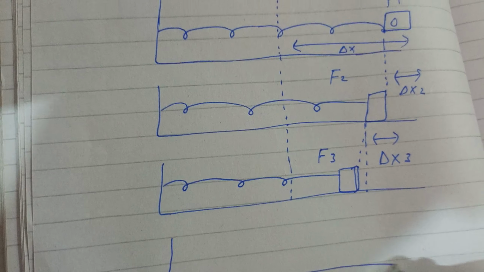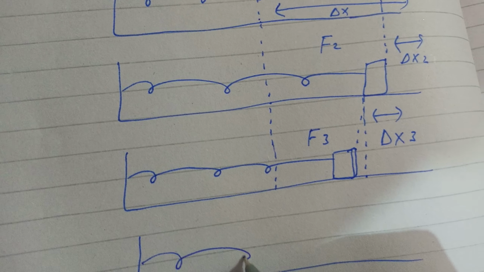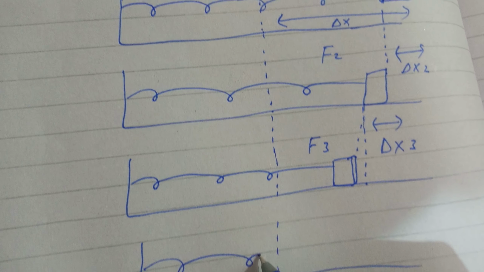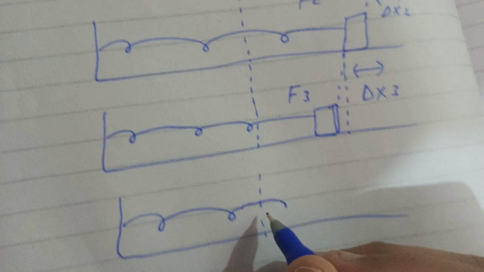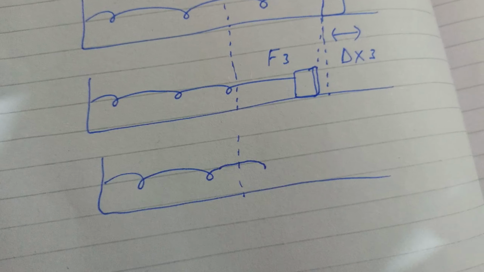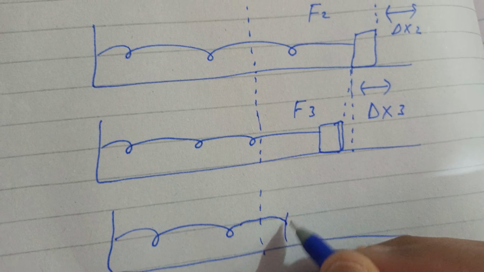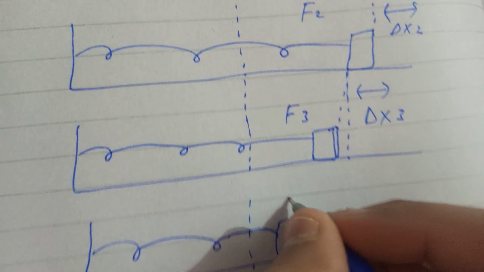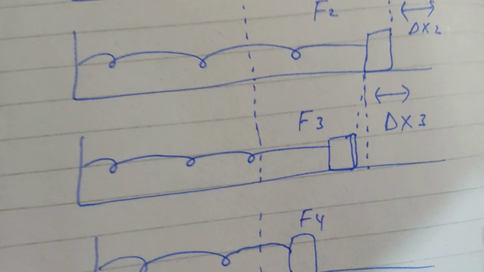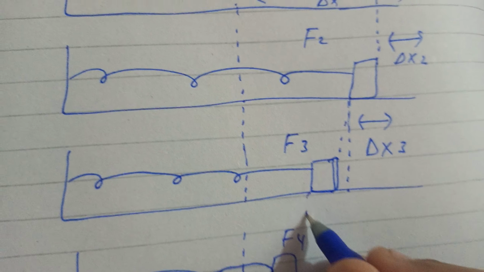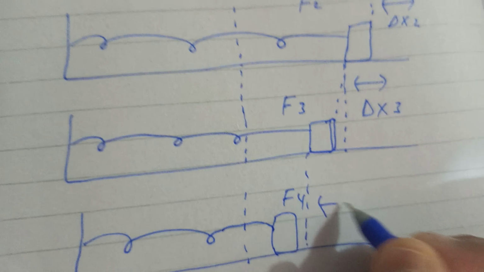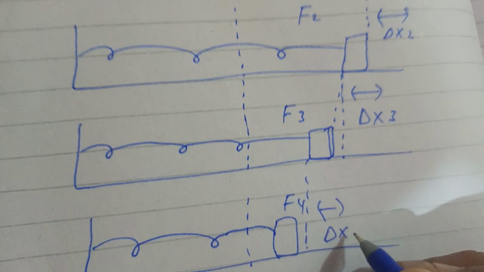Now again we'll make the diagram. Again we have the mean position, and right beside, just about to touch, you need to make the diagram here and write f4. Again we'll measure the distance, so it will be delta x4.